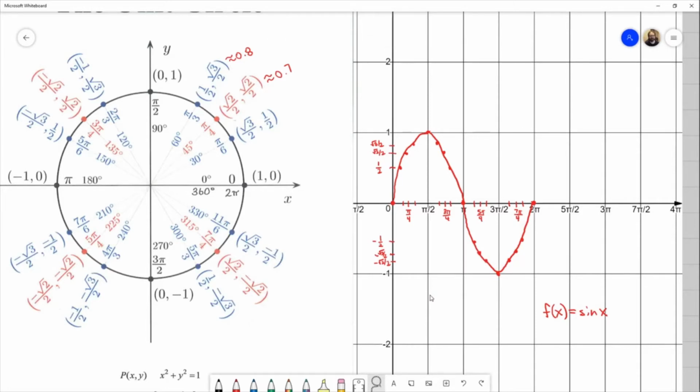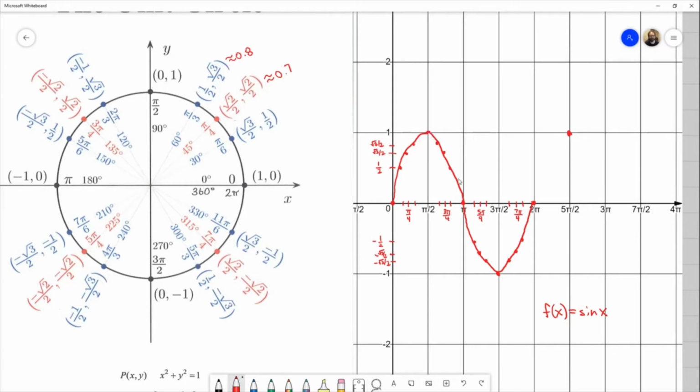When we go to do the next 2 pi, I like to focus on the zeros and the ones. So we start at 0. On the first pi over 2, I go up to 1.